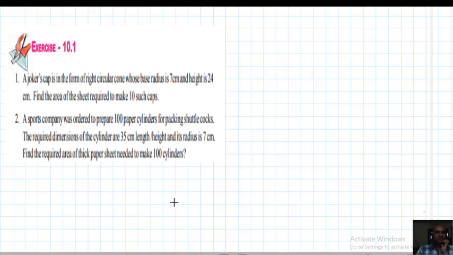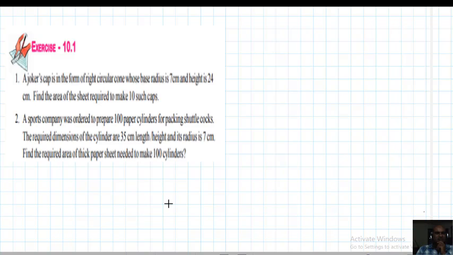A sports company was ordered to prepare 100 paper cylinders for packing shuttlecocks. The required dimensions of the cylinder are 35 centimeters length or height and its radius is 7 centimeters.